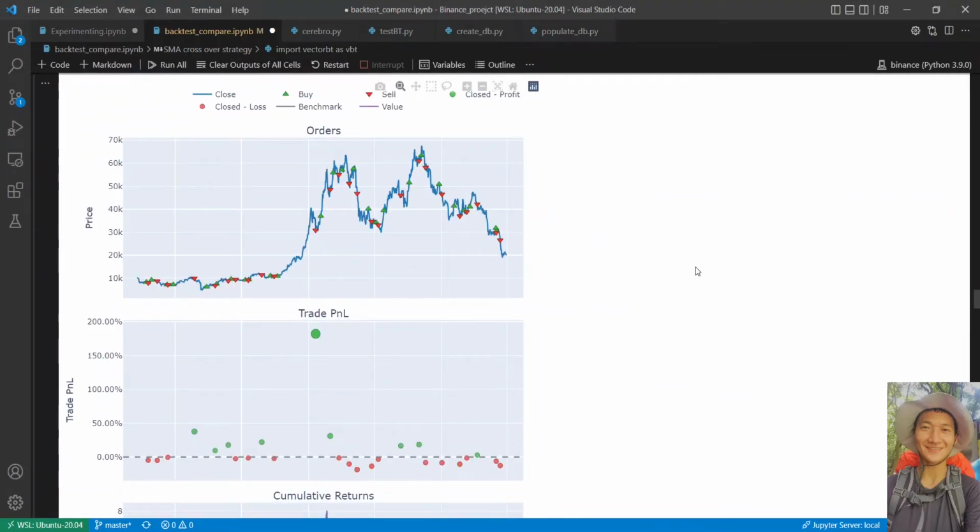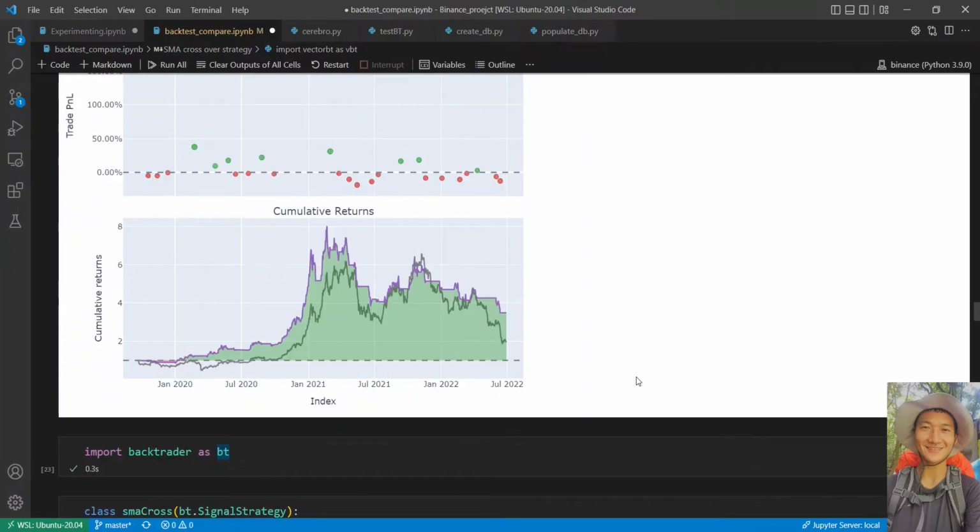It not only gives us the historical trading data, it also gives us the profit and loss for each trade. As you can see here, it gives us a big gain from this period.